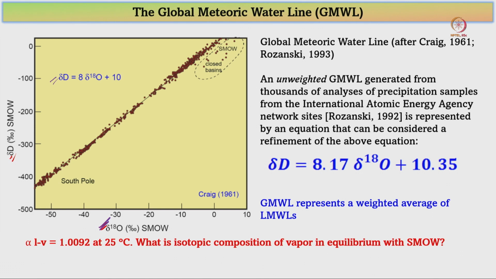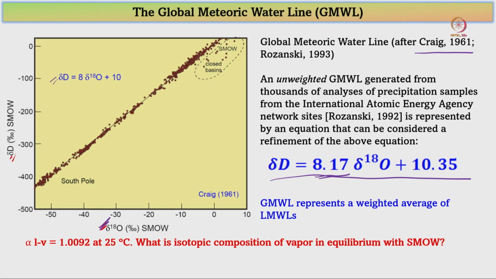In Craig 1961 he gave the first generalized meteoric line equation, that is δD equal to 8 times δ¹⁸O plus 10, and later Rozanski in 1993 modified the equation. Now we are going to use this equation, that is δD is equal to 8.17 times δ¹⁸O plus 10.35.